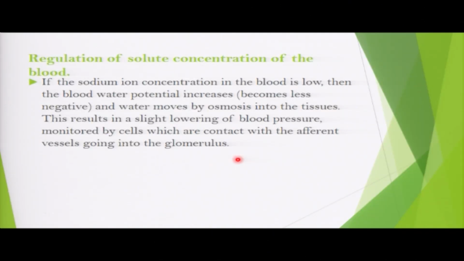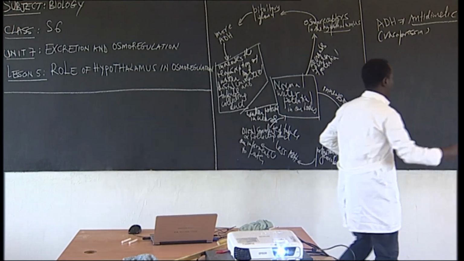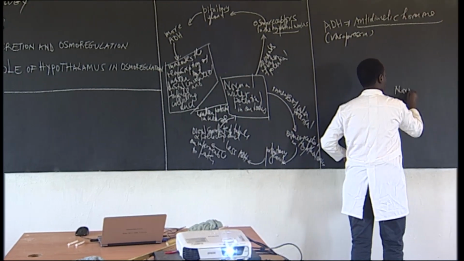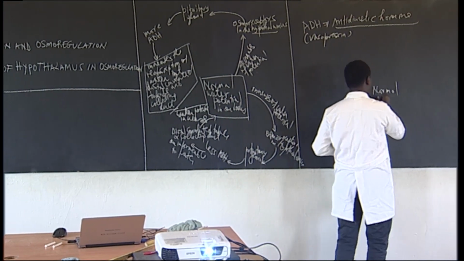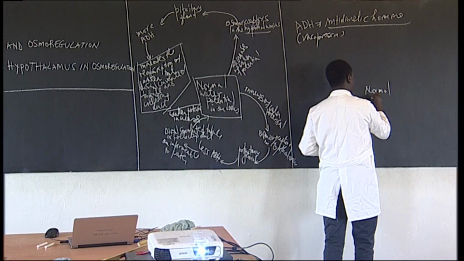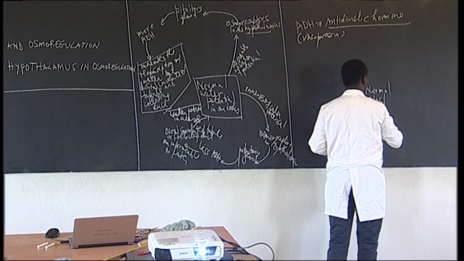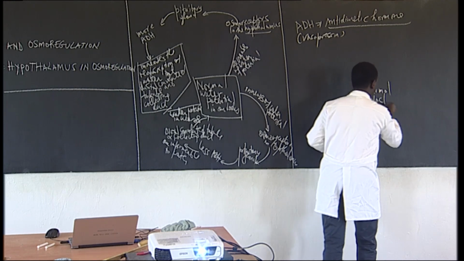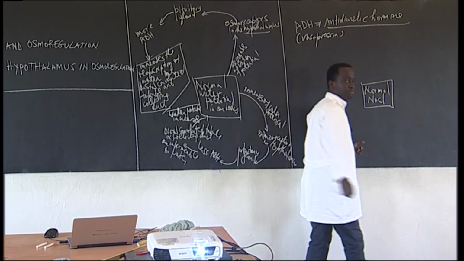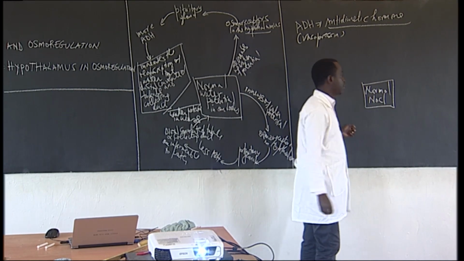Nice. Now, how is salt going to be regulated? We are going to use another diagram, for salt. Suppose you have normal sodium chloride. This is normal. Are you getting this?